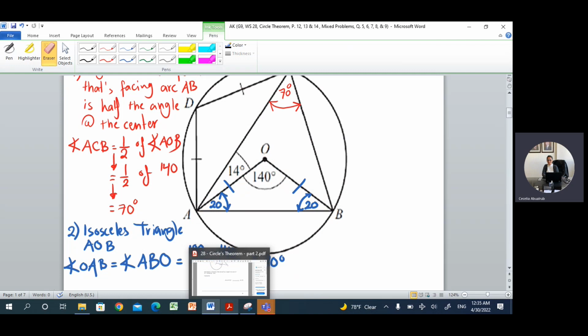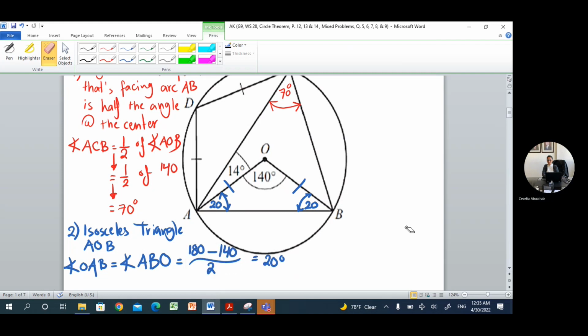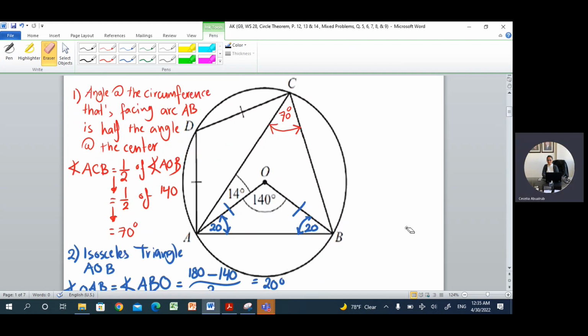What else can I find by looking at the shape? Okay, can I find this angle at the center here?